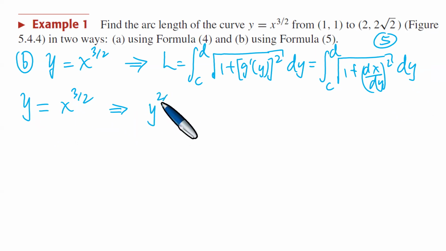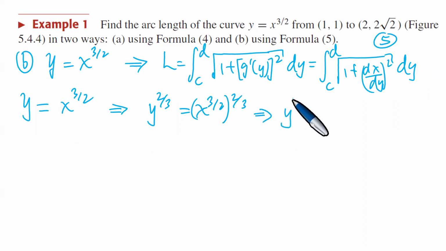So y is raised to the power 2 out of 3, and this one is also raised to the power 2 out of 3. And therefore the 3 cancels and the 2 cancels, giving us exactly x.